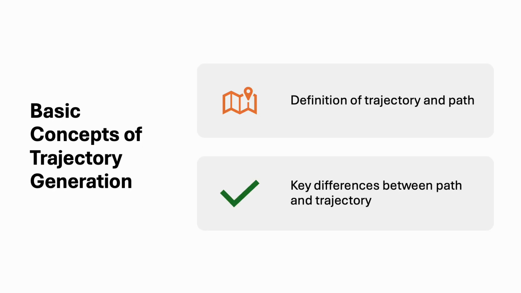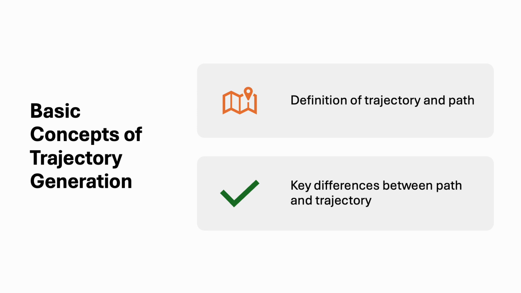The basic concepts of trajectory generation, as discussed earlier. Let's look into the definition of trajectory and path and the key differences between path and trajectory with an example. In robotics, a path is defined as a sequence of configurations or positions that a robot must follow to move from a starting point to a destination.